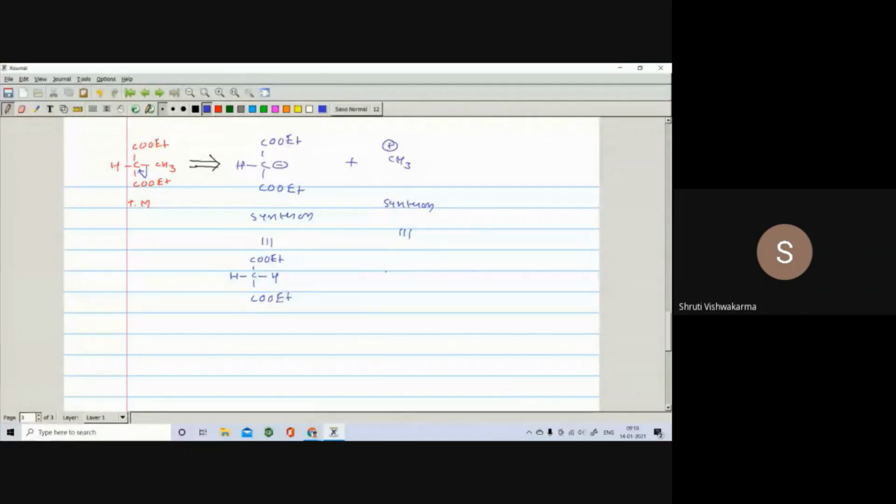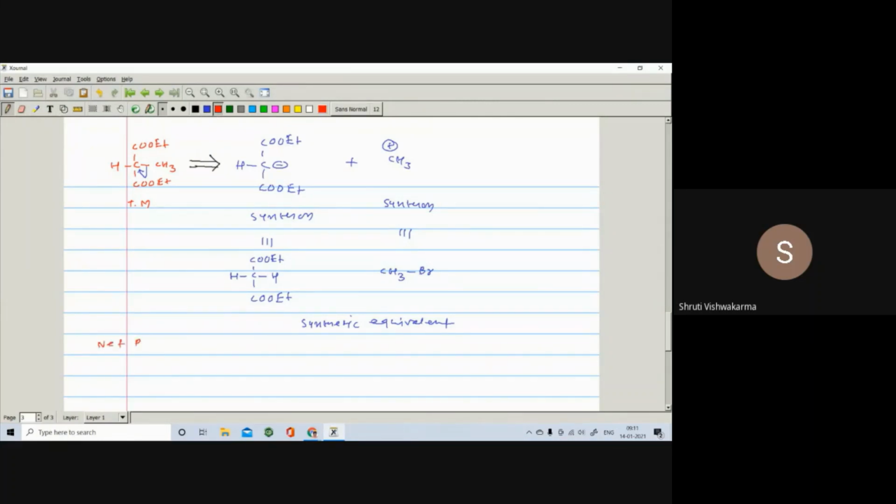And here is suppose CH3 and Br, it is your alkyl halide. So both are the synthetic equivalent. And further we have to write down the net reaction. So let us see the net reaction of this one.